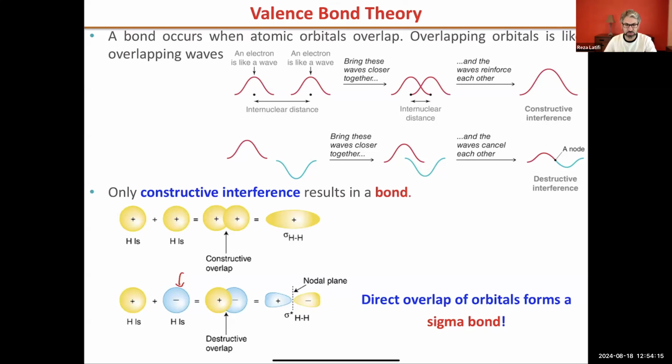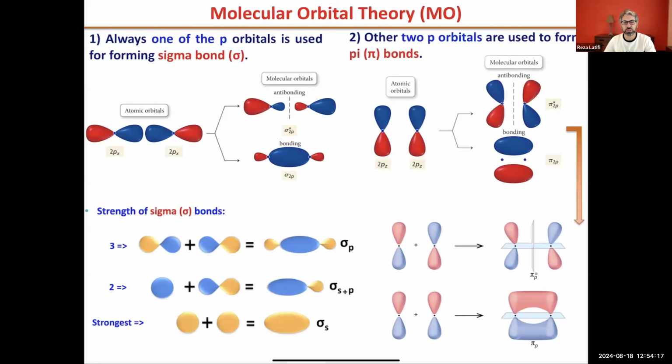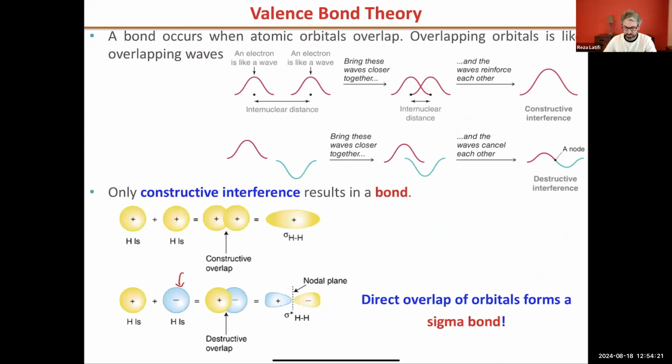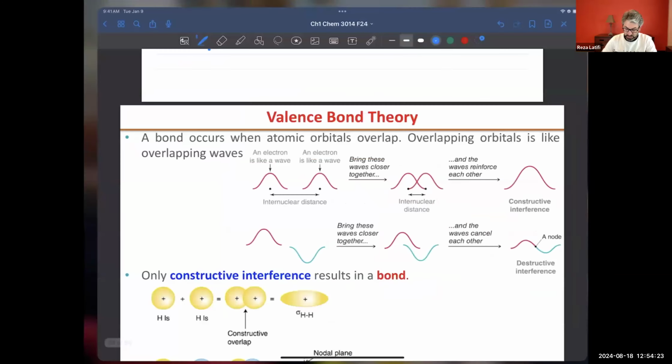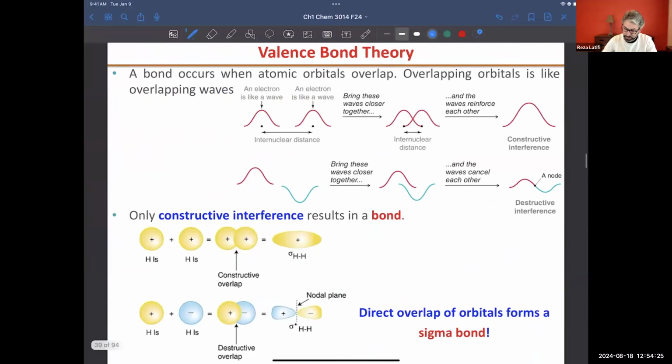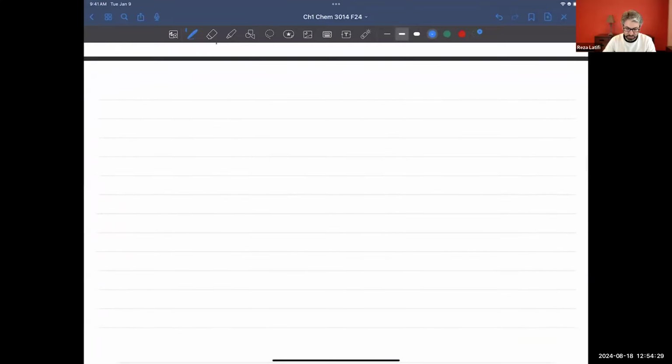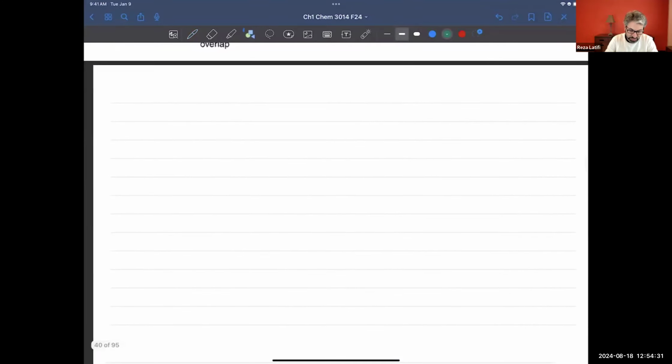Okay, so let me sort all this type of orbital interaction that we might get, and I'm going to be talking about them and drawing them here for you. First example, let's go with hydrogen. We have a hydrogen orbital interacting with another hydrogen orbital, and we're going to assume that they are in phase.